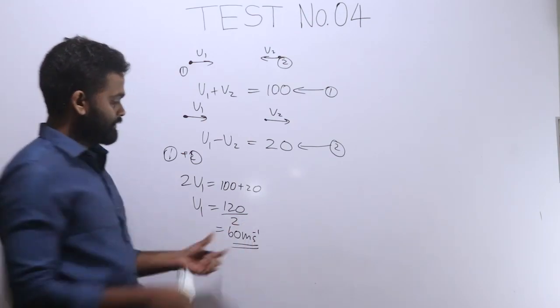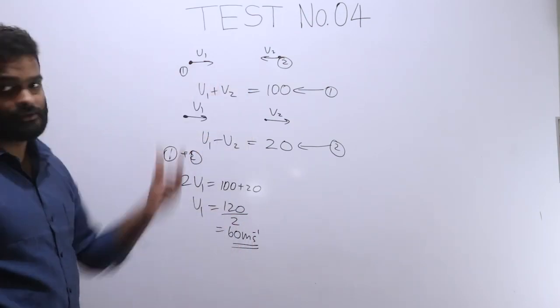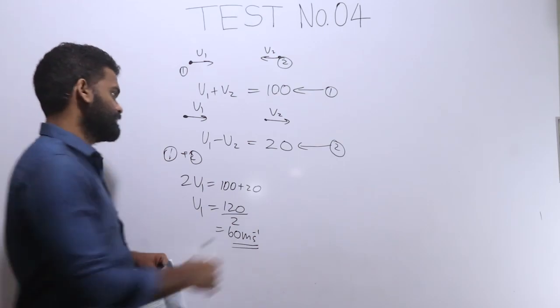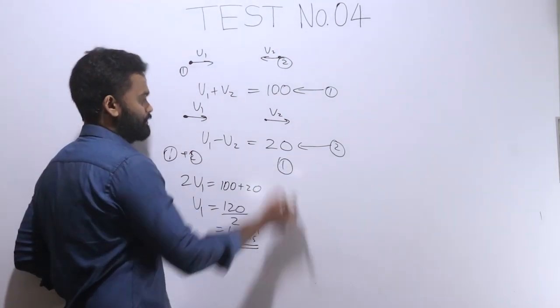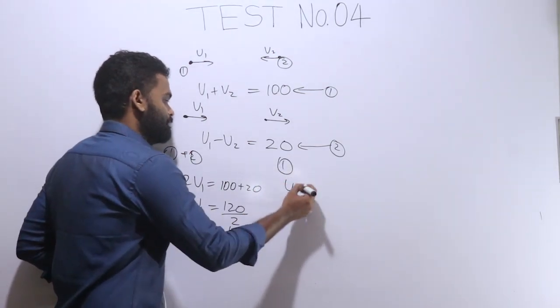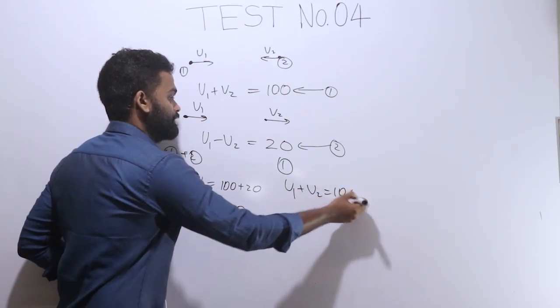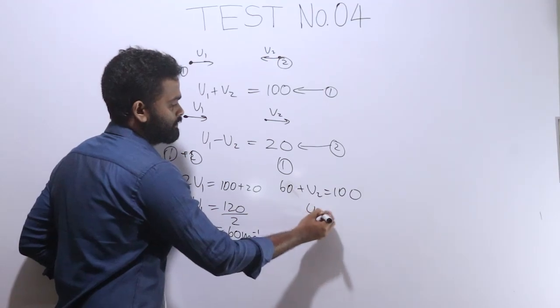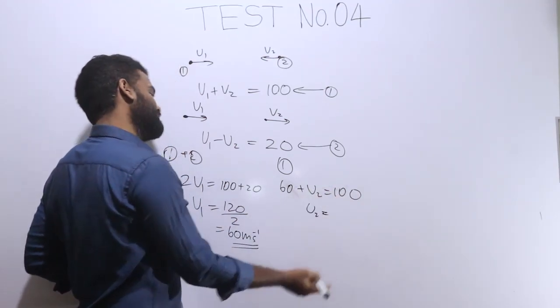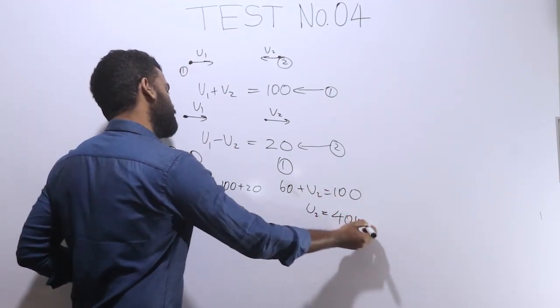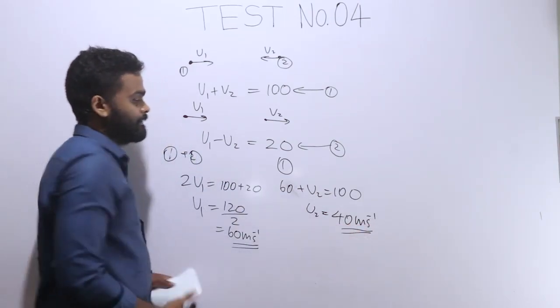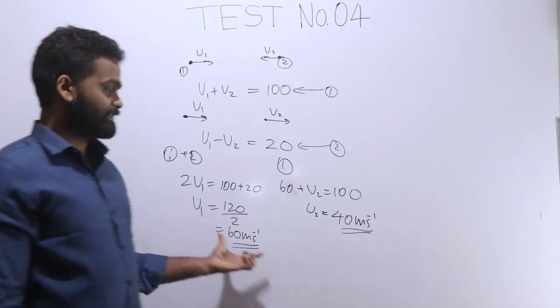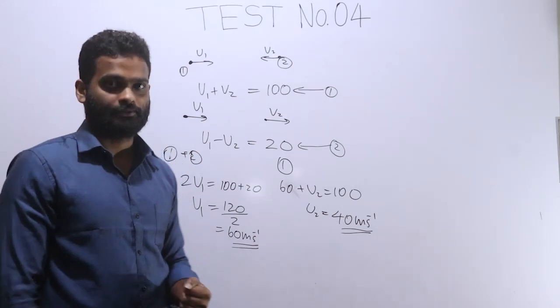Then I can substitute this v1 in the first equation or the second equation. I substitute it in the first equation: v1 plus v2 equals 100. Here v1 is 60, so v2 should be 100 minus 60, that is 40 meters per second.